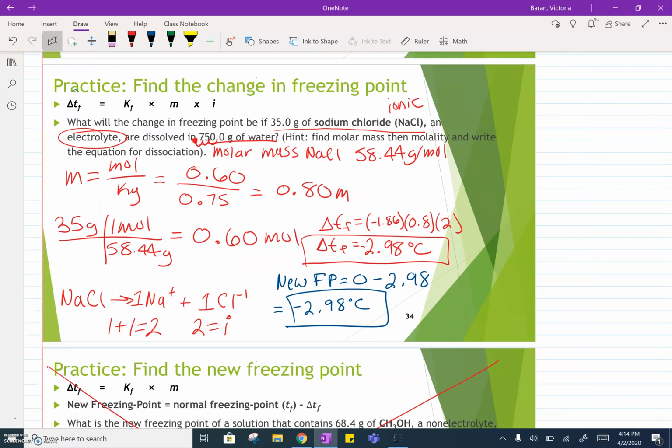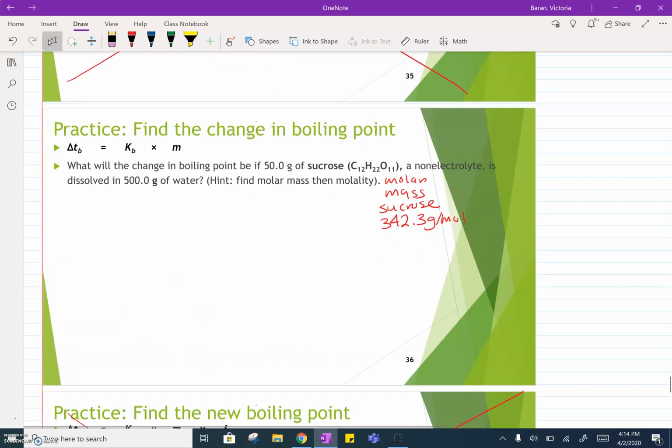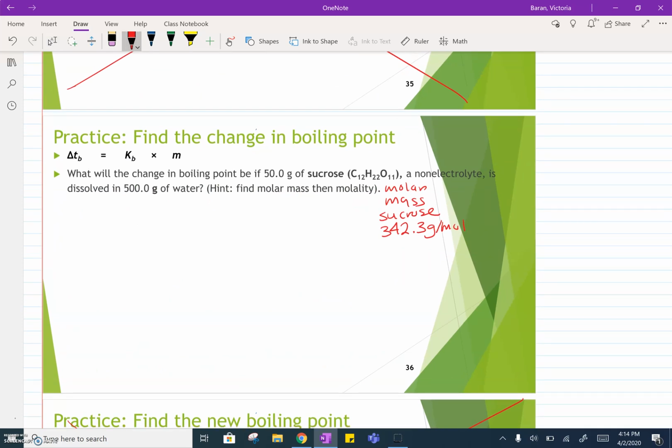So now I'm going to do another example, but this time we're going to find the boiling point, and I'm going to show you how to find the new boiling point. This time we are dealing with a non-electrolyte. If you see a big carbon-based molecule, sucrose, glucose, fructose, whatever it might be, usually a sugar, that is a non-electrolyte.